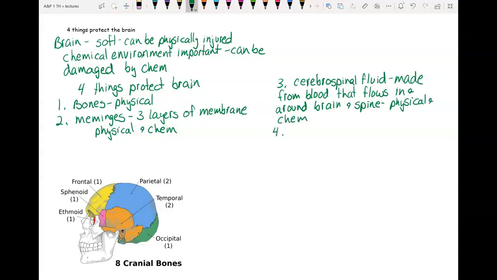And then the 4th one is the blood-brain barrier. This is special glial cells called astrocytes, and they act kind of like a bouncer, controlling what molecules from the blood get to come into the brain.